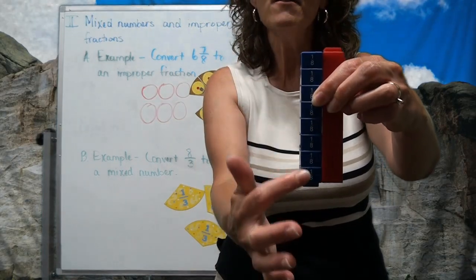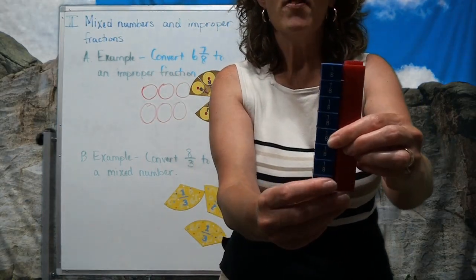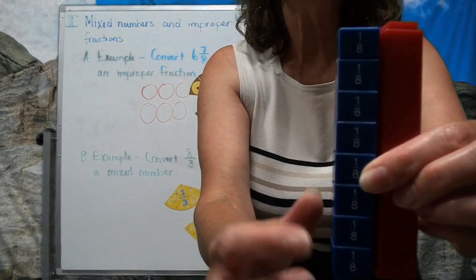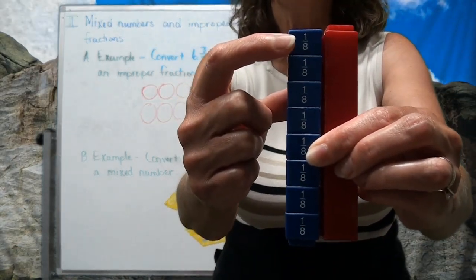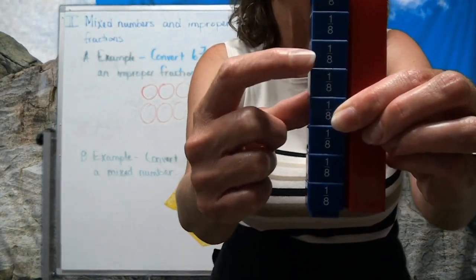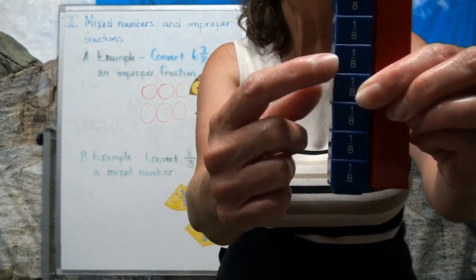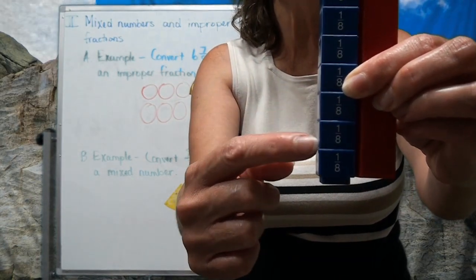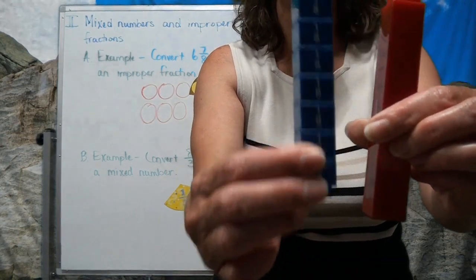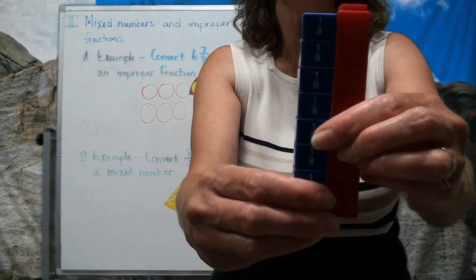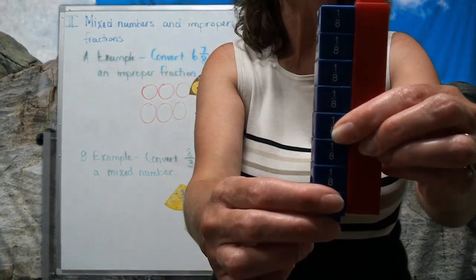If it takes 8 of these sections to create that whole, then I'm going to call each one of these an eighth. So 1/8, 2/8, 3/8, 4/8, 5/8, 6/8, 7/8, 8/8. It takes 8 of these pieces to create that whole, so each of these is an eighth.